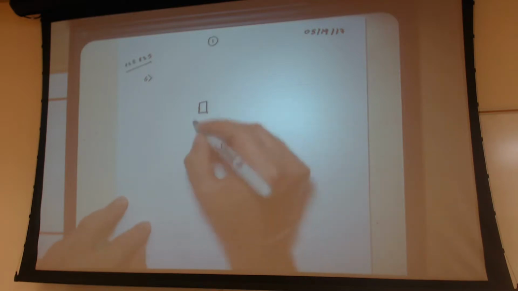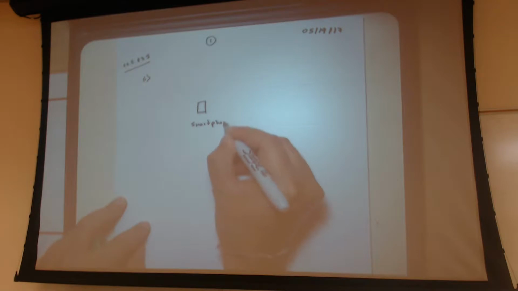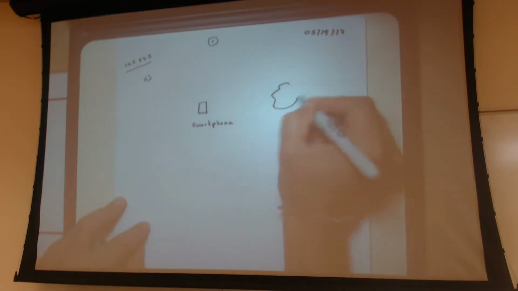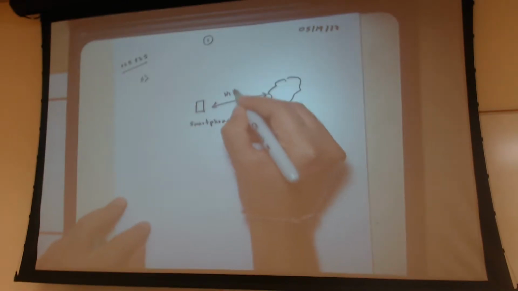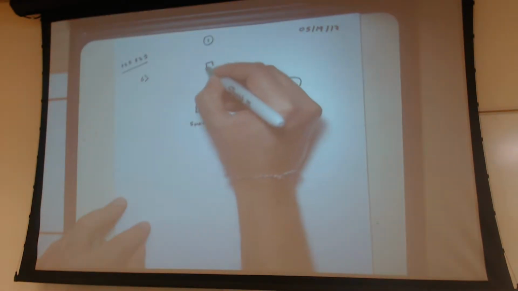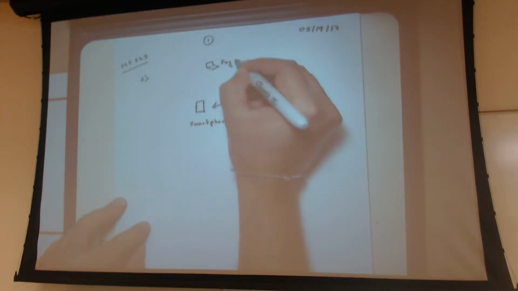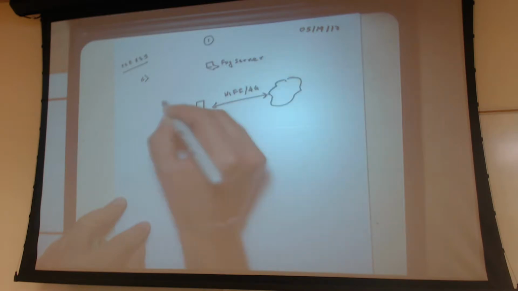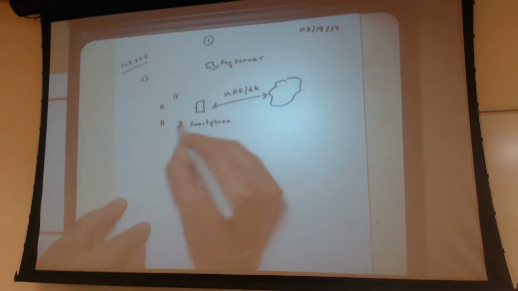So we have the smartphone, we have the cloud, you have Wi-Fi connectivity, Wi-Fi or 4G. Then we have a phone server. And here we have a lot of sensors that are external.